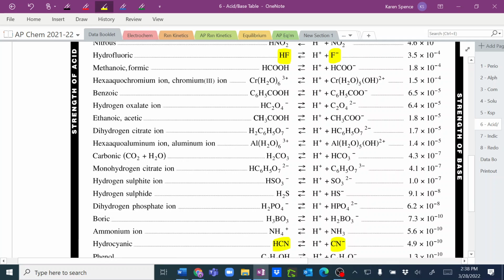HCN and CN minus, they're all weak. Yes, weak acid, weak base, weak acid, weak base. Now, out of our two acids, who is the stronger of the two weak acids? HF, because it is higher up on the table, yes? So HF is the stronger of the two weak acids.